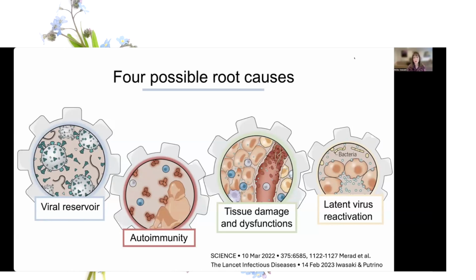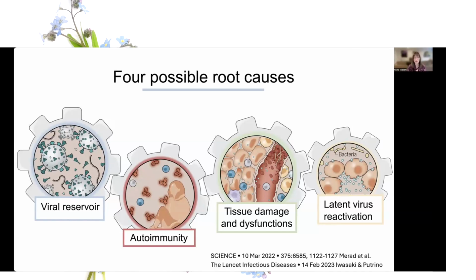And finally, we all carry many herpes viruses and other latent viruses in our body. And it's possible that acute infection with certain pathogens can trigger reactivation of these pathogens that then themselves cause these chronic illnesses. So, you know, these are drawn in such a way that they're a gear of a machine that is potentially driving each other.